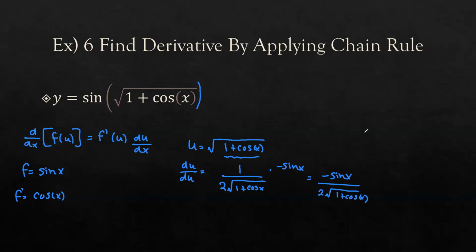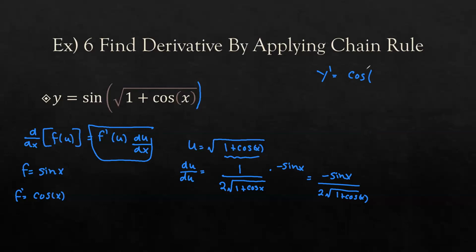Now what you're going to do is put it in this rule. So your final answer will be y prime equals f prime of u. So it's going to be cosine, and then it says u instead of x.